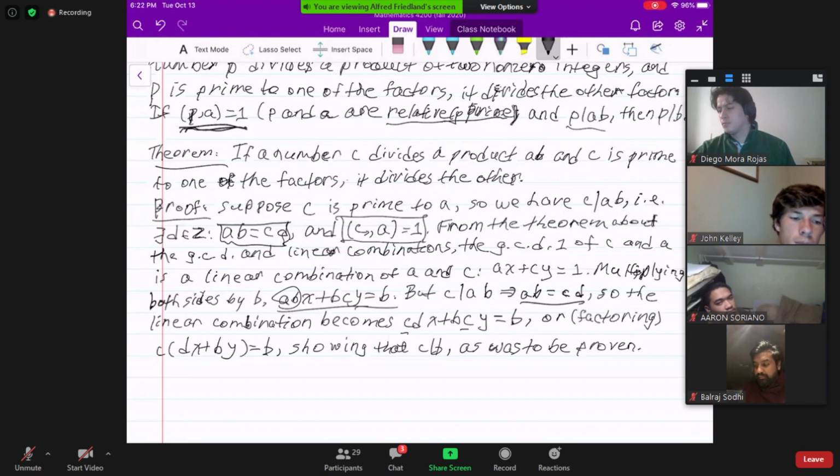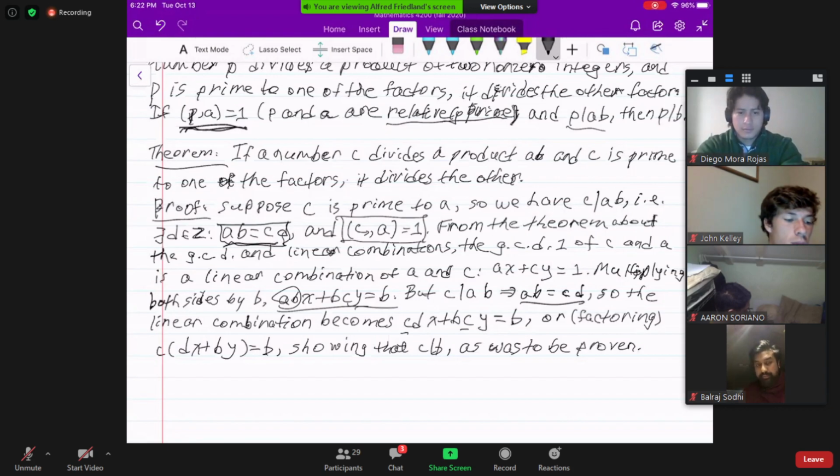I've, as usual, done an excess of writing to make every tiny detail clear, but it's really the same kind of thing that we did on Thursday with the prime. So just to summarize this, what do we have? If C is prime to A, and C divides AB, then AB is C times something.